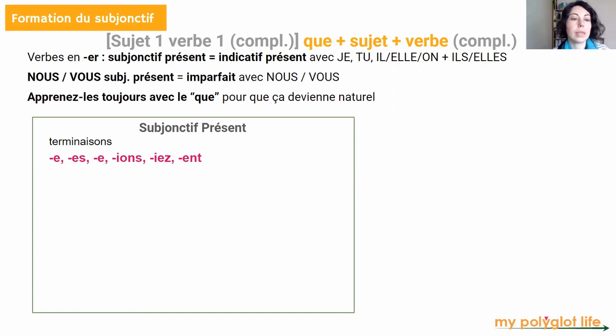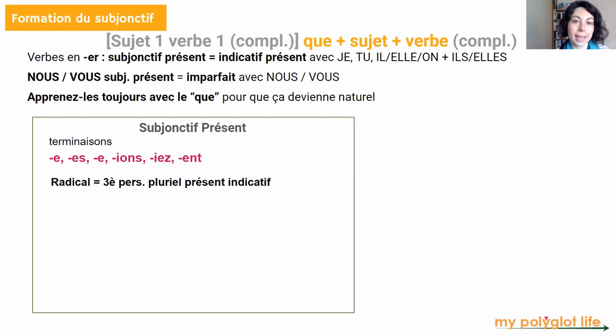E for je, ES for tu, E for il, elle, on, except for some irregular verbs. Nous, IONS, vous, IEZ, ils, elles in the plural, ENT. And the radical is the same as the third person of the present in the plural.